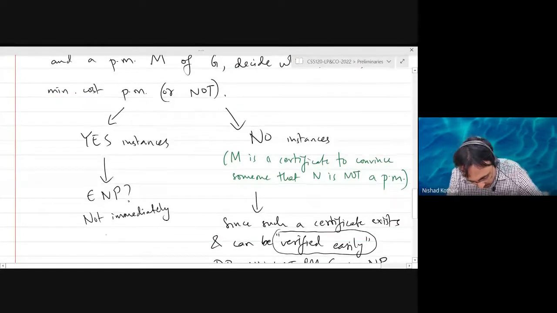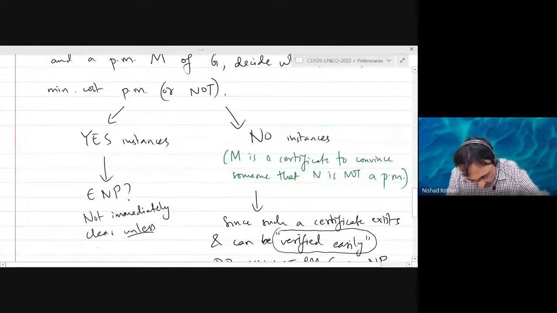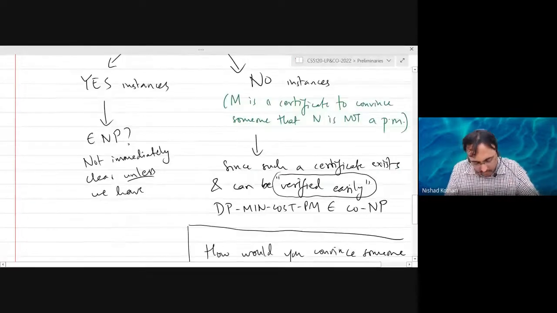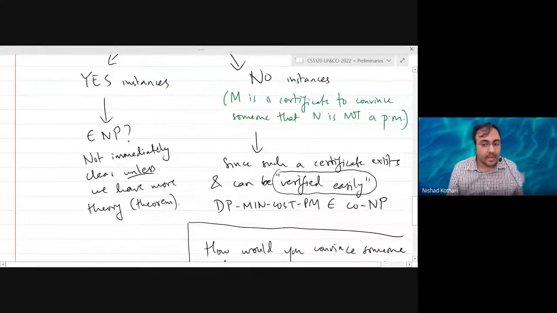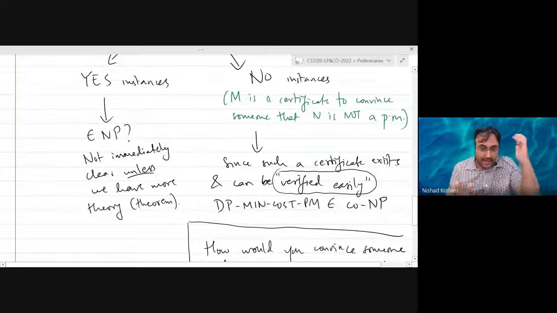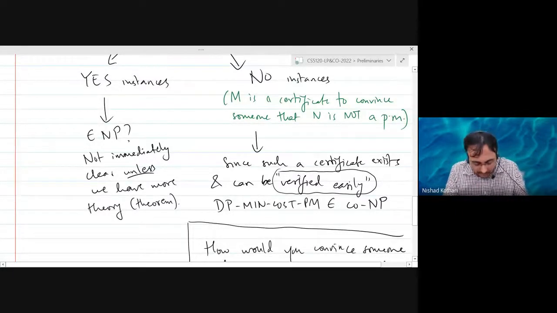Unless we have more theory. Well, what I really mean is some mathematical theorem that helps us. Okay? So, in other words, we don't yet know whether a certificate always exists, whether there is any certificate that always exists for the yes instances, and we want the certificate to be easily verifiable, right?